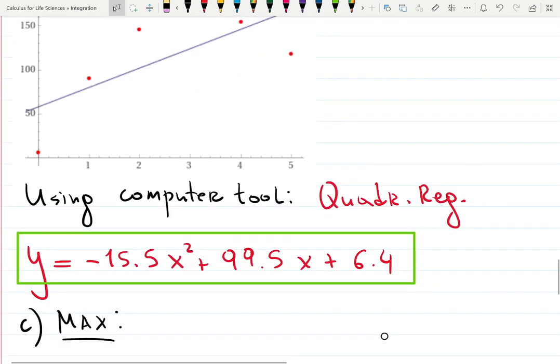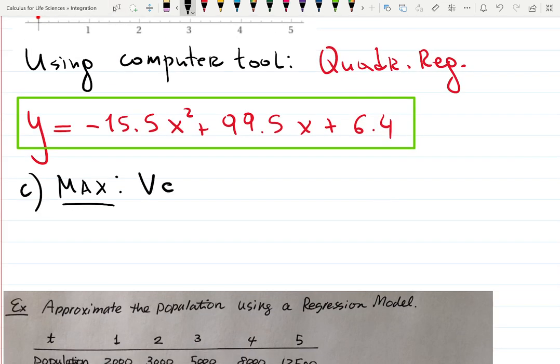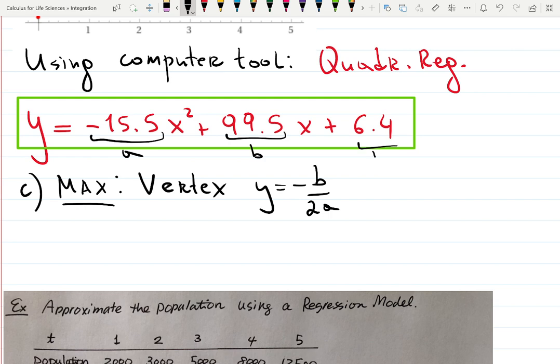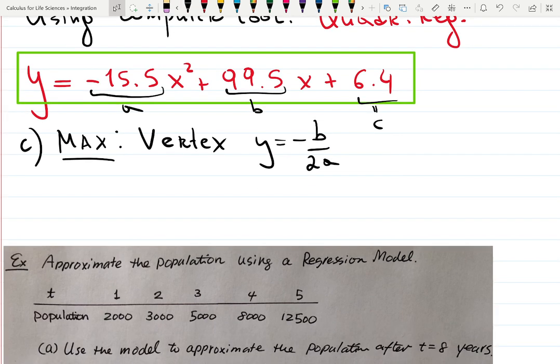Vertex has a formula. Either you use this idea that vertex has a formula, x equals minus b over 2a, where this is my a, it's negative, this is my b, and this is my c. Vertex is always a global maximum or global minimum for the parabola.